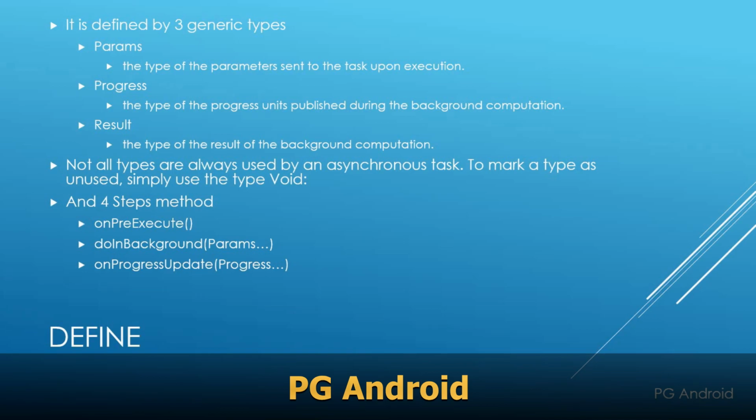In this method you can update your progress dialog upon the progress unit value. onPostExecute. This method is also invoked on the UI thread after doInBackground completes its tasks and returns the result parameter to the onPostExecute method. In this method you can update your UI component based upon the result parameter, and you can also dismiss the progress dialog box.